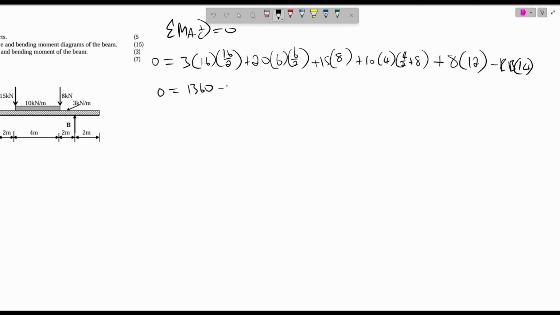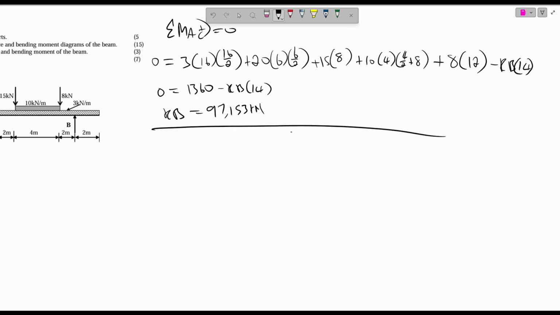You're getting 60 minus RB times 14. Then now RB is 97.153 kilonewton. Now let's find our RA.